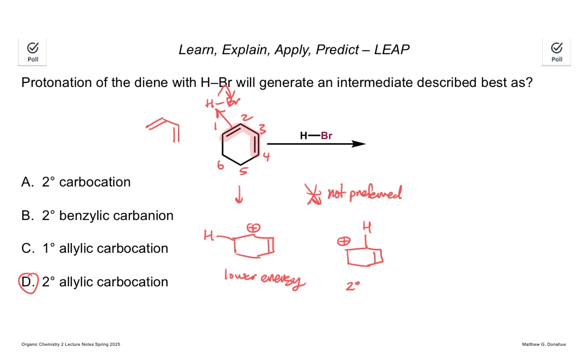So it's secondary, but not allylic. So that's not preferred because you're not stabilizing the plus charge any.